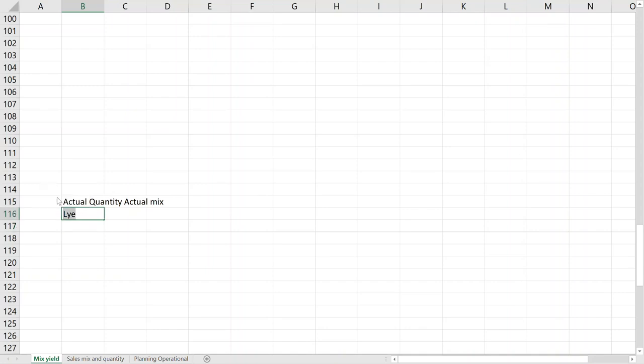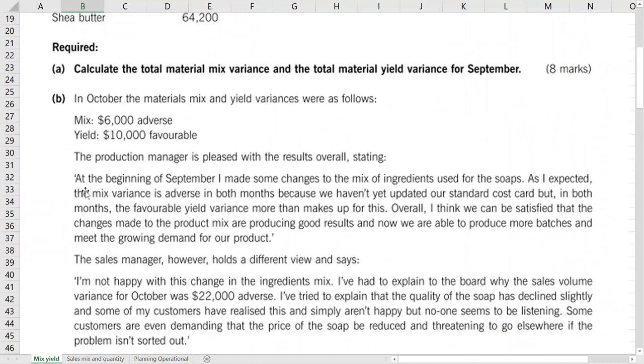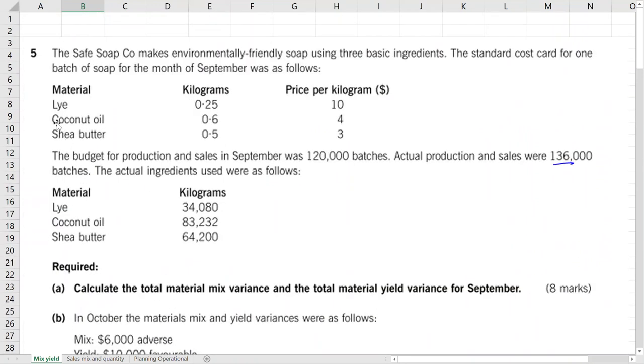Let's use short L, coconut oil and shallot. Okay. LCS.